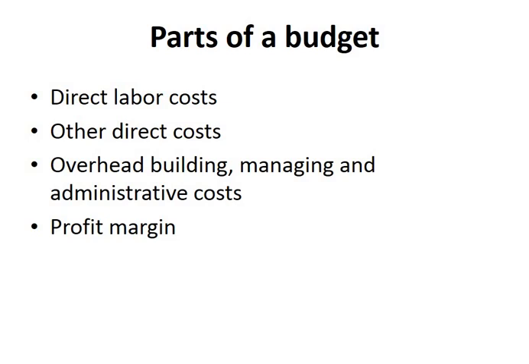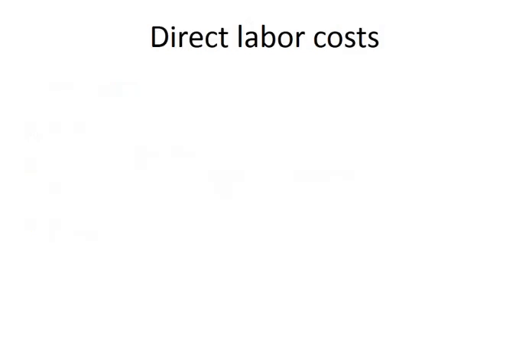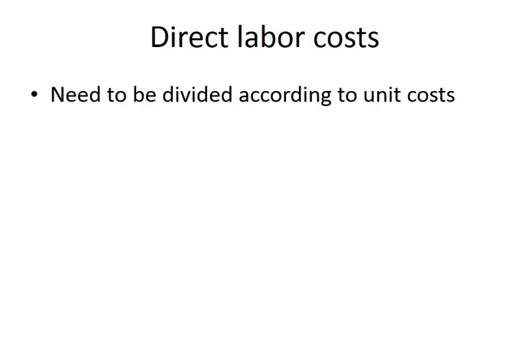Another thing to talk about at the moment is what kind of costs are actually included in the budgets of projects. Well, there are different kinds of them, as you can see, and we are going to talk about them now. So there are labor costs, I mean direct labor costs.